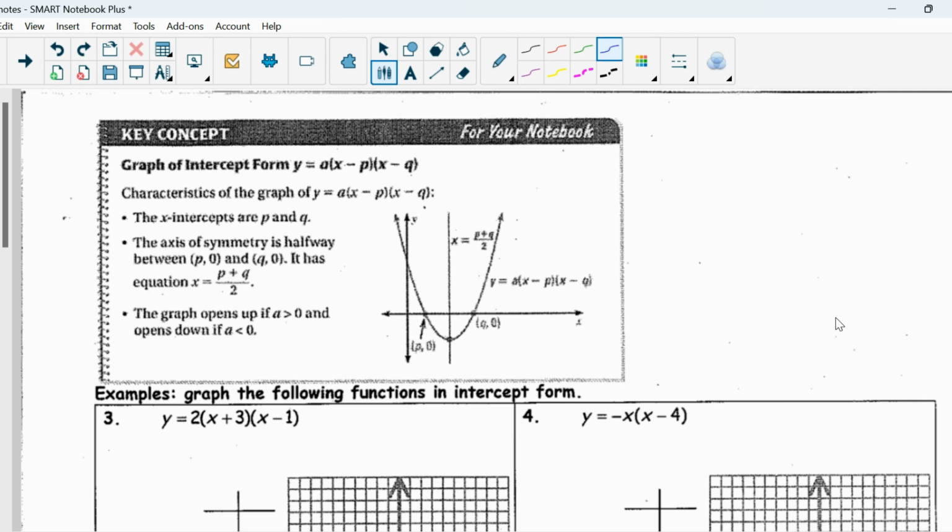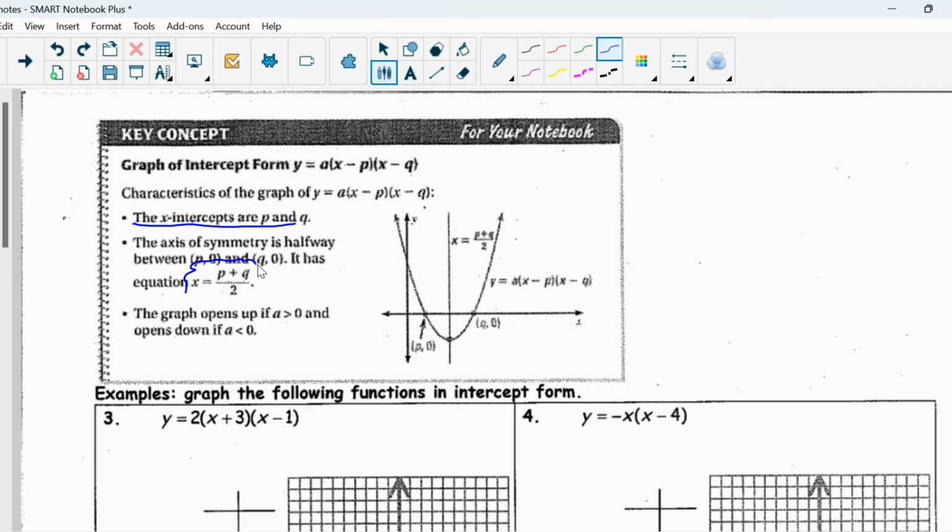Okay? Intercept form is kind of like a factored form in a way, where our P and Q values are our x-intercepts. Okay? Those are our zeros. The axis of symmetry is halfway between our two intercepts, right? So we could take P plus Q and divide it by 2.